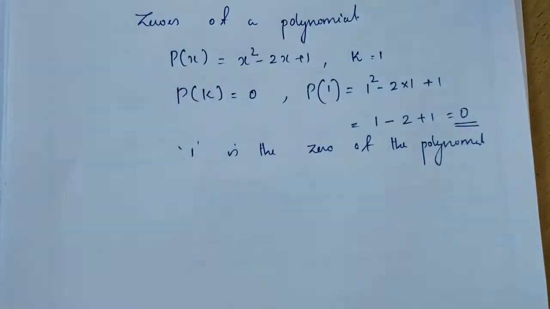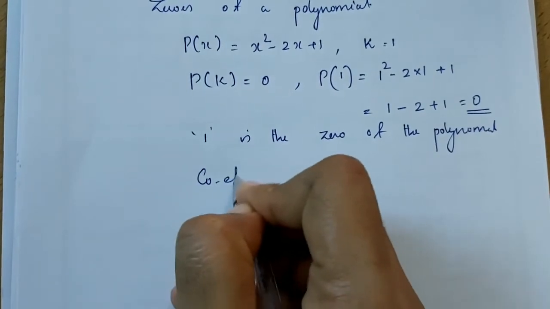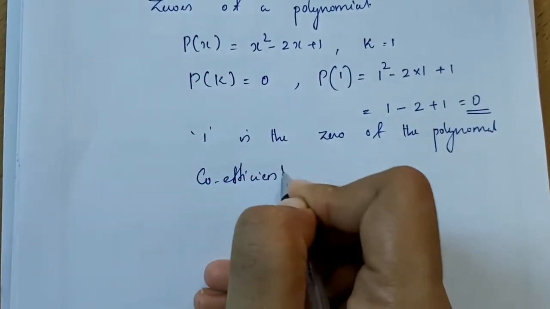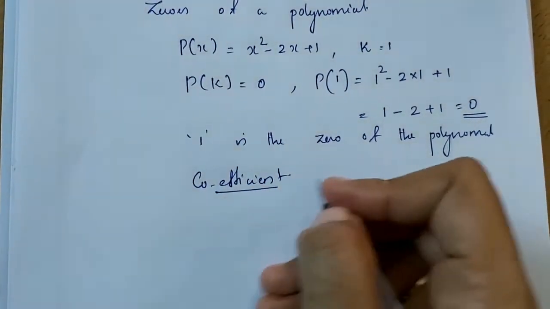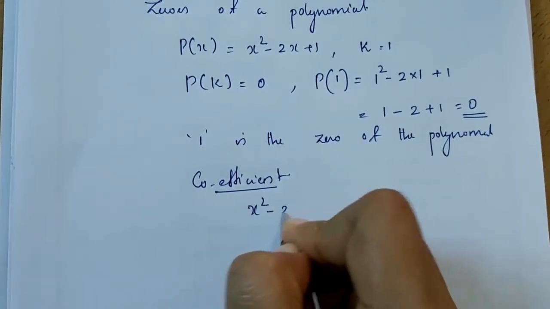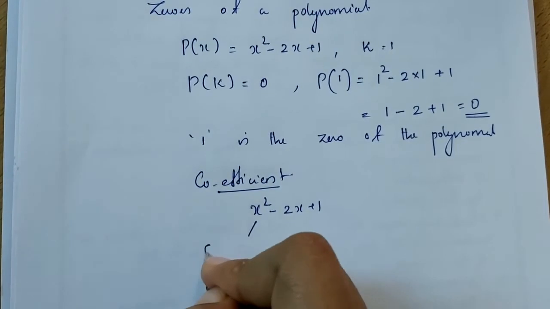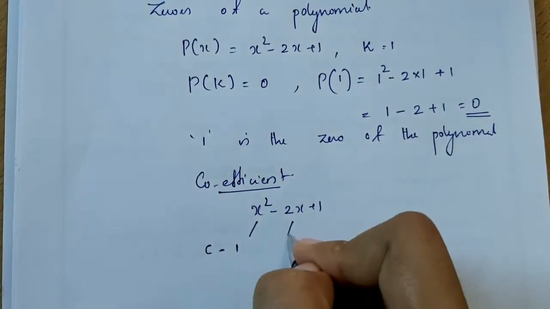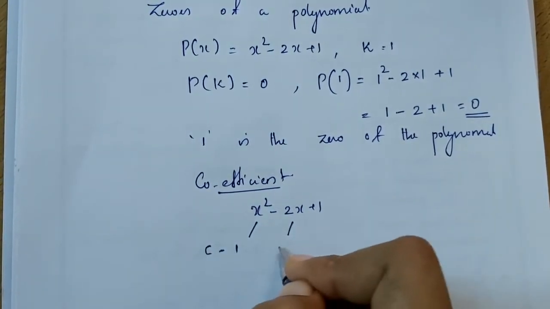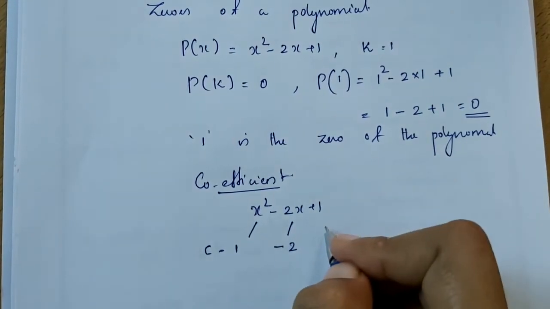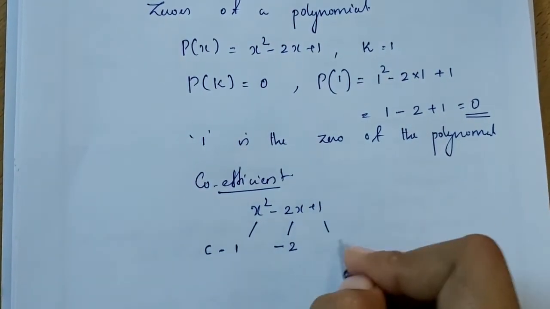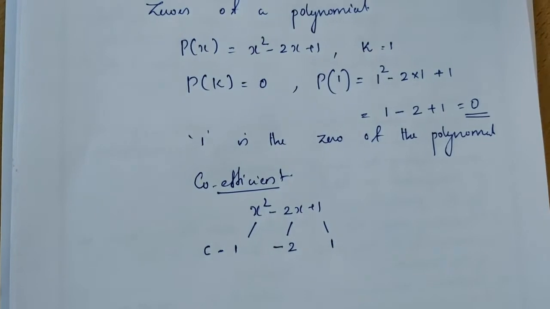Then what is the coefficient of a polynomial? Coefficient means, in x square minus 2x plus 1, the term x square has the coefficient 1, the term minus 2x has the coefficient minus 2, and this one, x raised to 0, has the coefficient 1.